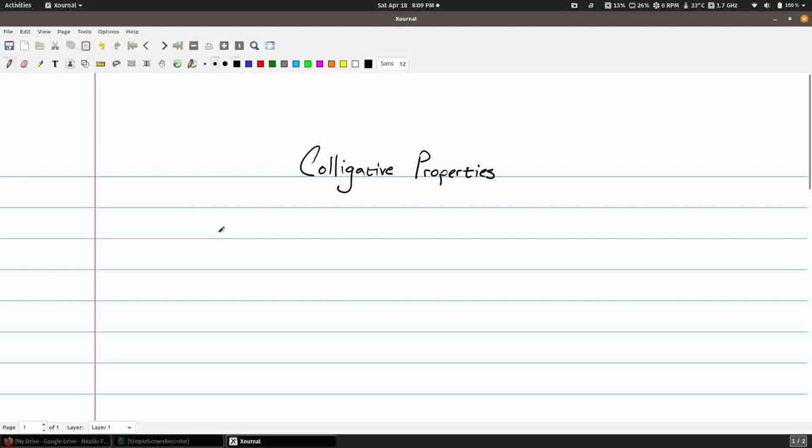So first, let's do solutions. A solution is made out of two things: your solvent and solute. Your solvent does the dissolving.